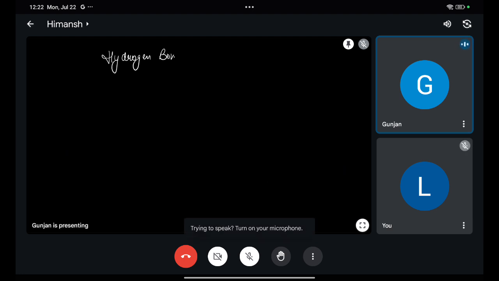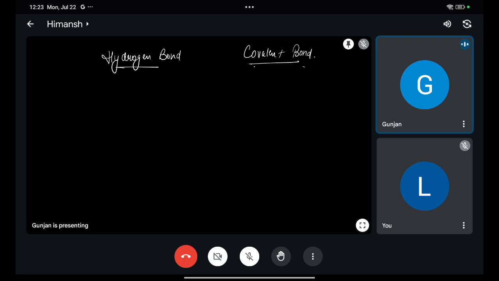Now the difference between hydrogen bond and covalent bond. Hydrogen bond involves dipole-dipole interaction. Covalent involves sharing of electrons.